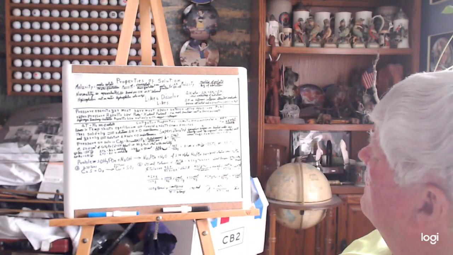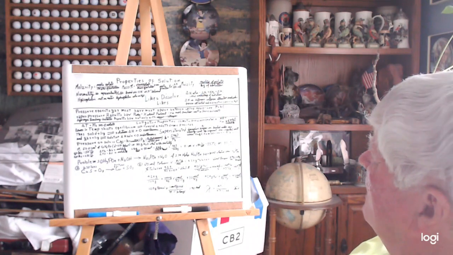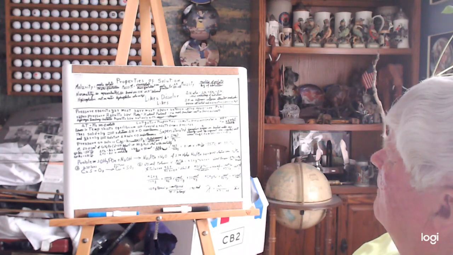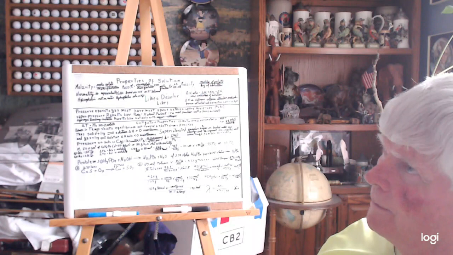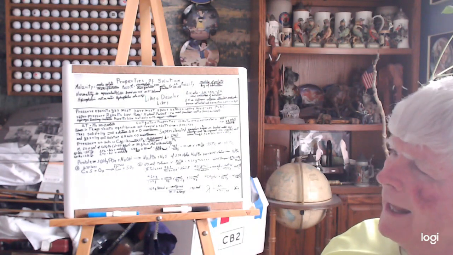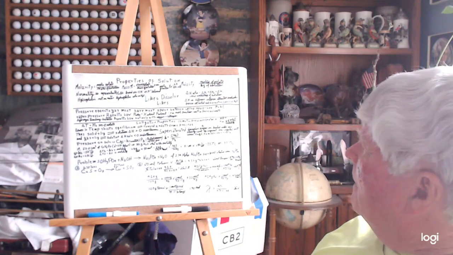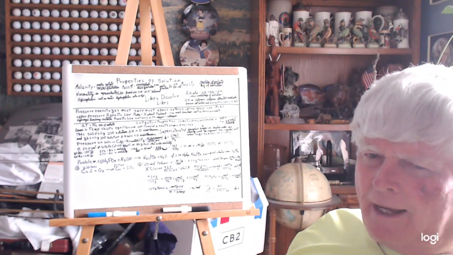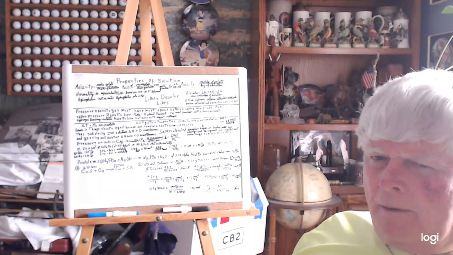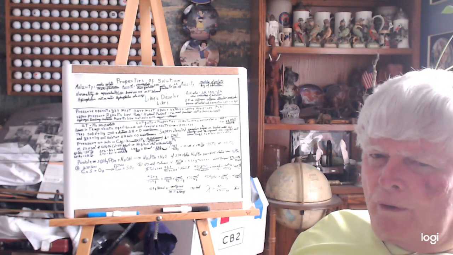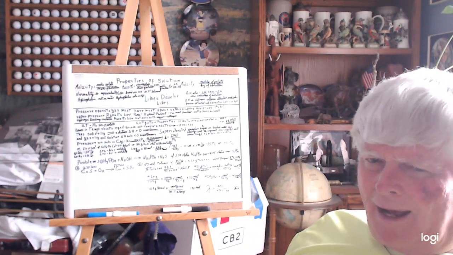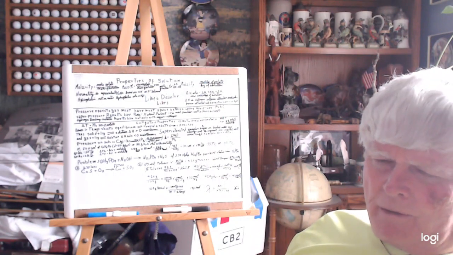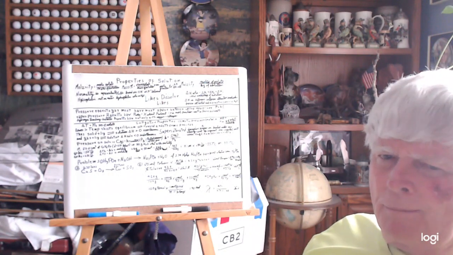M, of course, is the grams of solute dissolved, grams of solute per molality. And R is the universal gas constant. And T, again, when you see a capital T, it almost exclusively refers to temperature in Kelvin, which is the centigrade degree plus 273.16.